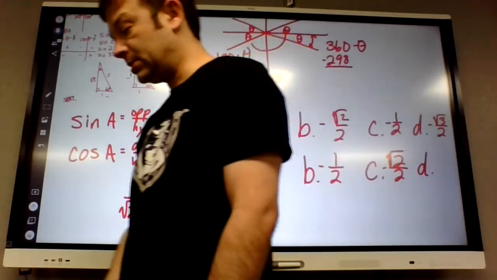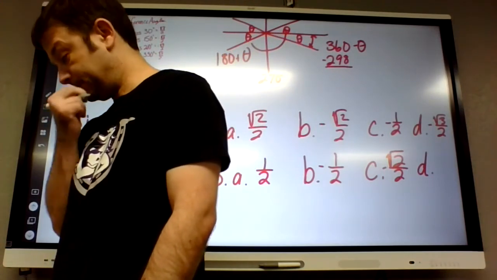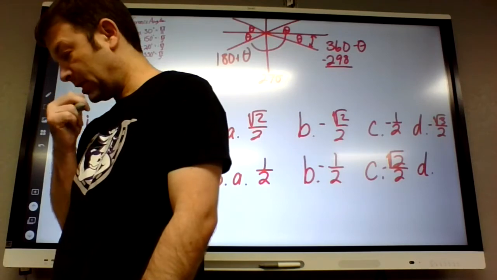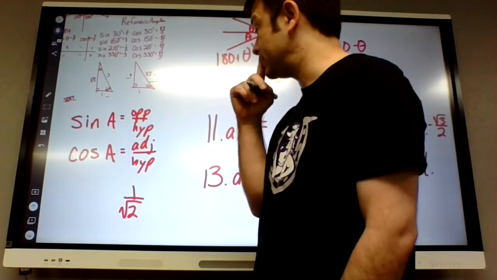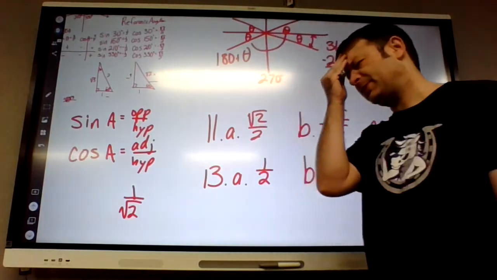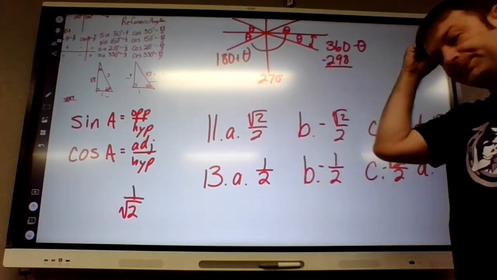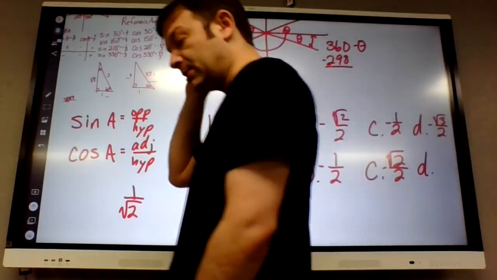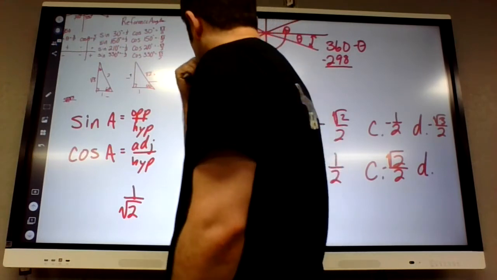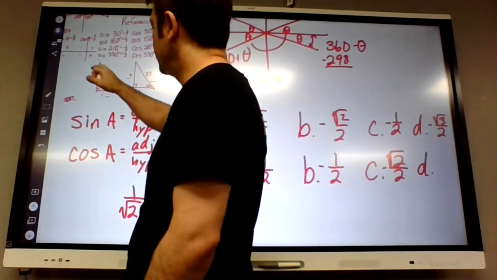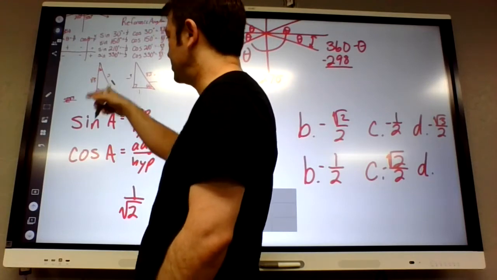And then D, it's negative 30. So the reference angle is 30 because it's 30 degrees off of 0, in the fourth quadrant. So we need to do cosine of 30, which is adjacent over hypotenuse, so square root of 3 over 2.